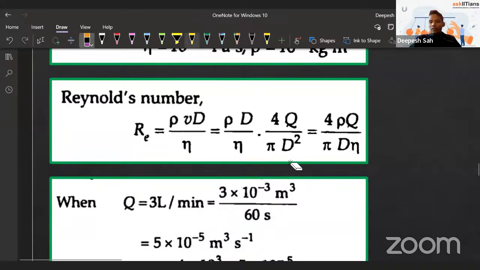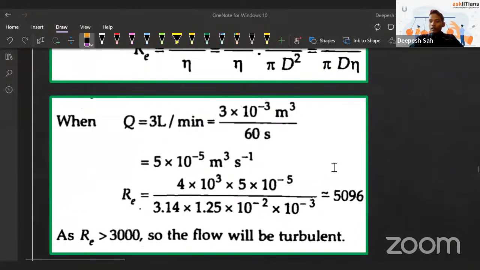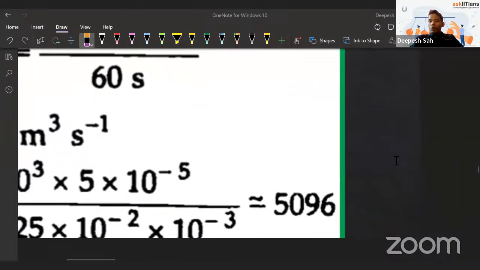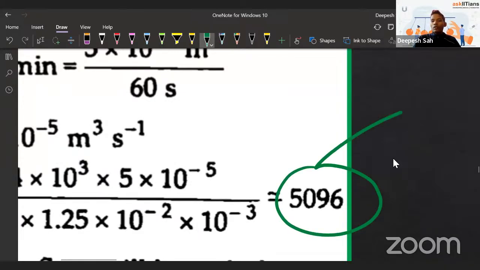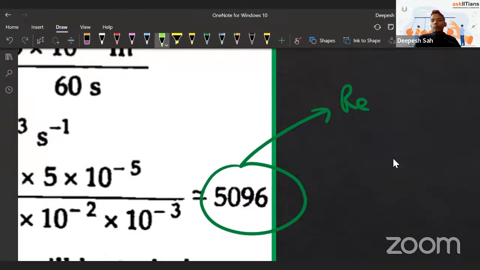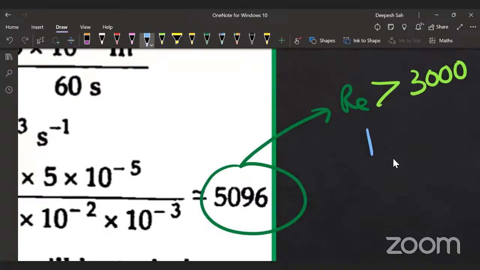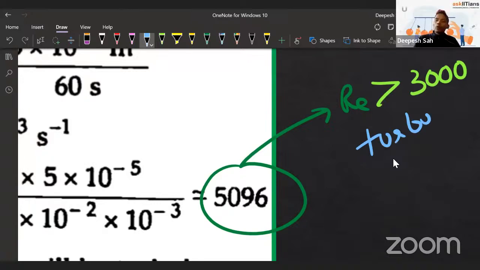We solve again and you will see that the number comes out to be 5096. This Reynolds number is clearly more than 3000. So what type of flow will you expect? Turbulent. Exactly, this is a turbulent flow.